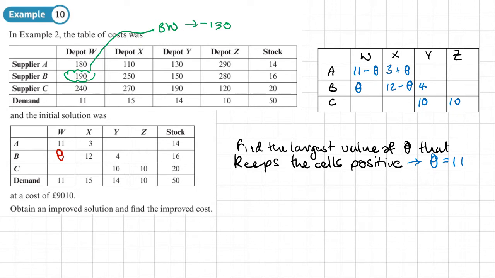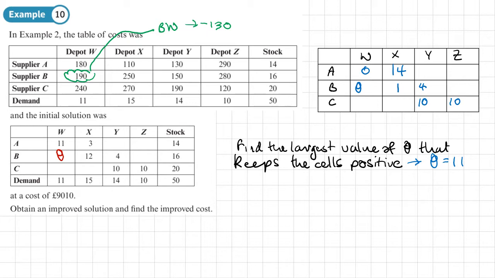So now I'm going to replace all the thetas with 11 and then work out what the new values in the cells are. So the 11 minus 11, that now becomes 0. 3 plus 11, I'm going to have 14 in that cell. And the 12 minus 11, I'm going to have 1 in that cell.